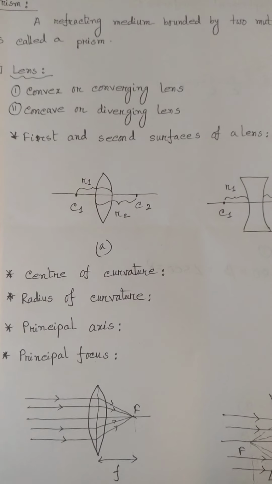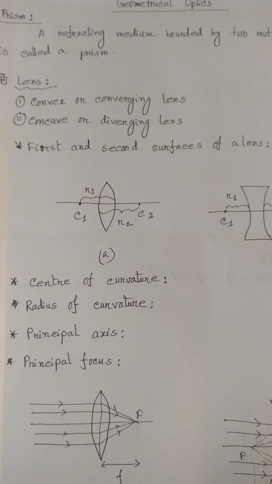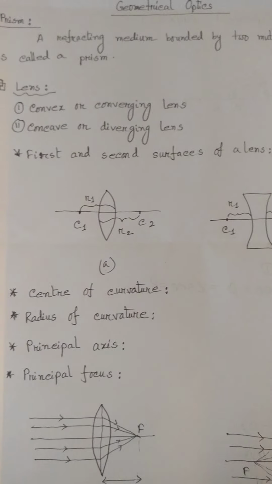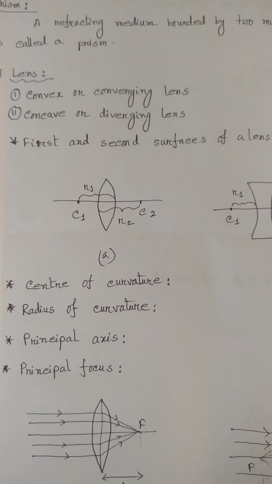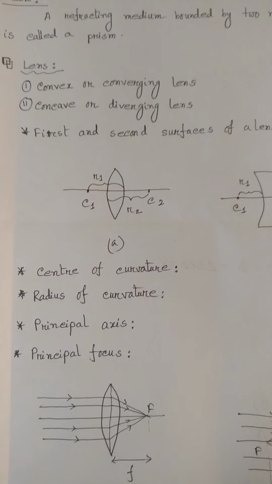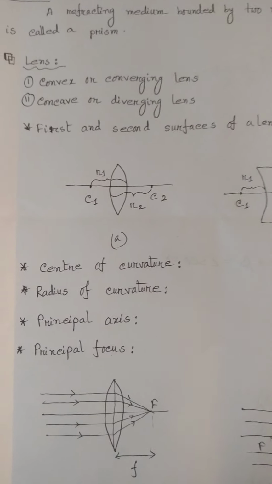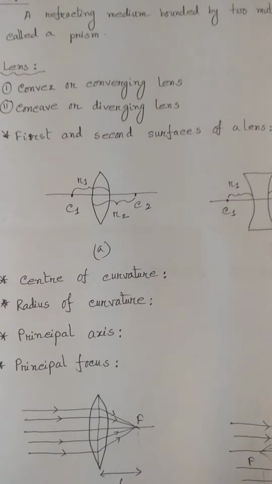So a lens has two centers of curvature. The centers of the two spheres of which the surfaces of the lens are parts are called the centers of curvature of those surfaces.